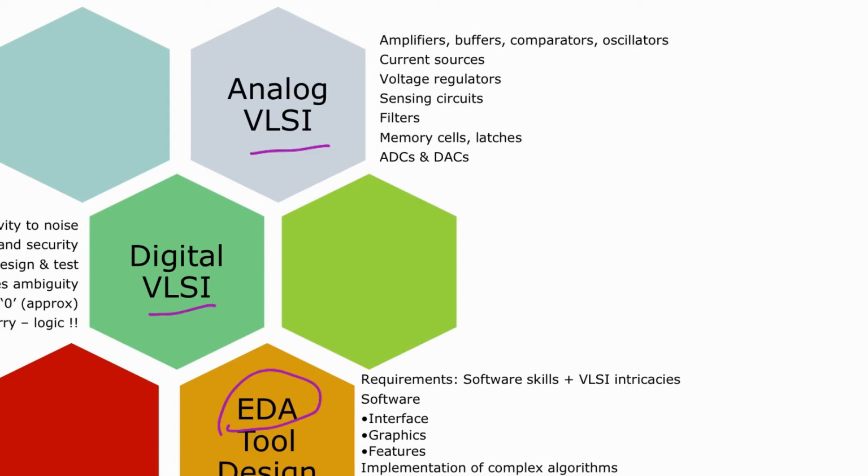Amplifiers. These are some of the things that we cannot do any other way. We have to have analog VLSI design for these things. So amplifiers, op-amps, all kinds of amplifiers, including other categories like BJT. We need analog VLSI design.